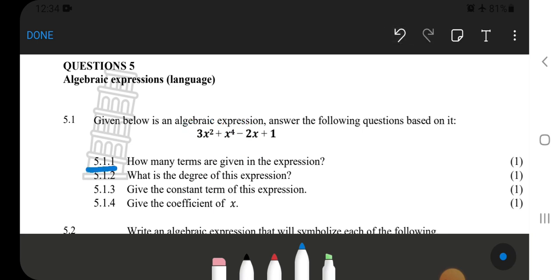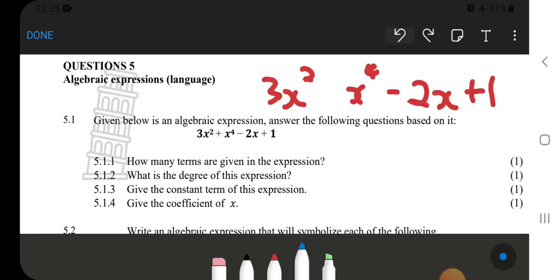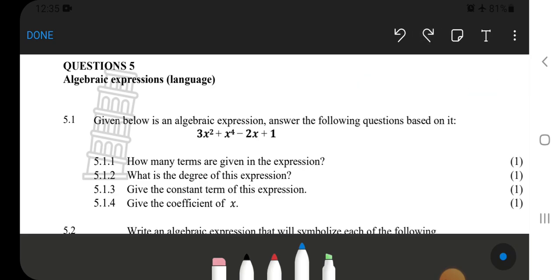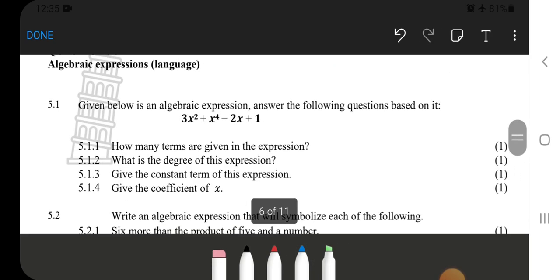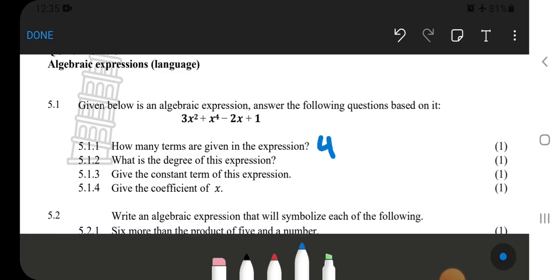So we have 1, 2, 3, 4, and then the first question says 5.1.1. How many terms are given in this expression? It's 4 terms. 5.1.2, what is the degree of this expression? So you look at these powers, it's 2 and 4, right?